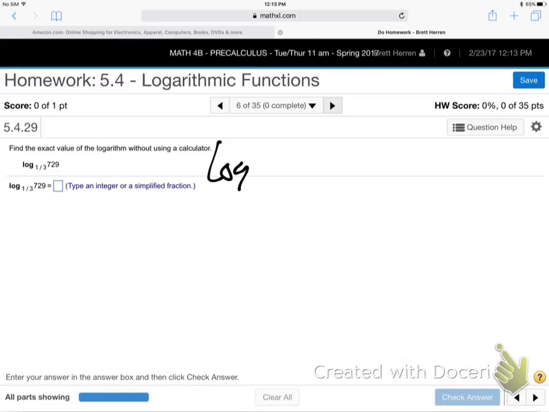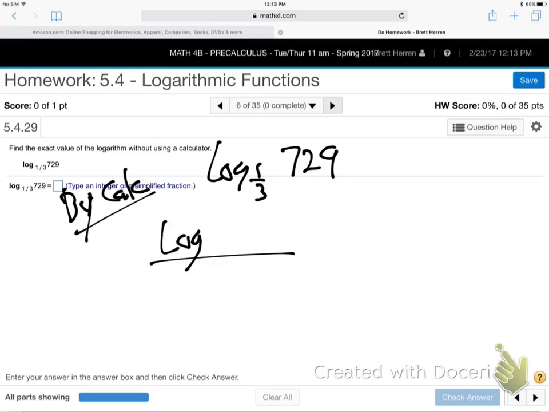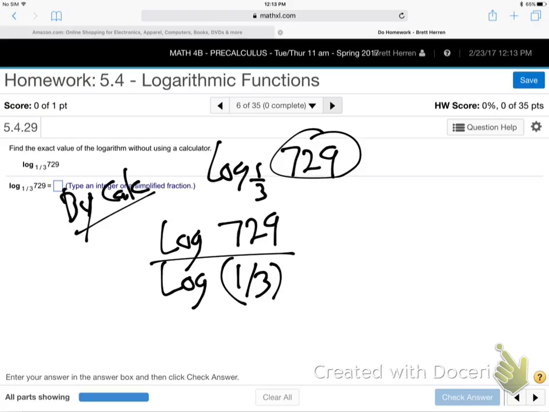So we have log base 1/3 of 729. You can do it by calculator or by hand. I'm just going to show by calc. When you do it by calculator, you make it into two logs. How do you do it? The higher one goes high, the lower one goes low.